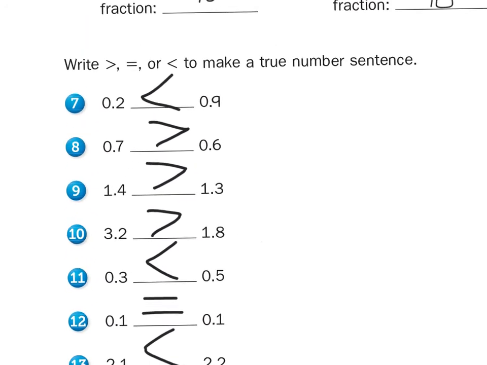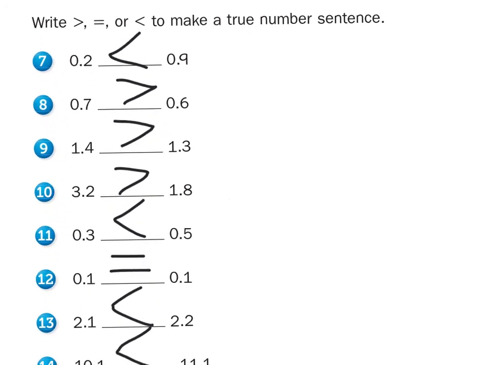Okay, and I want to just show you an example. Number 9, just what this would look like. So you could use your fraction pieces, and for 1 and 4/10, you're going to have one of your reds, your 1 whole.